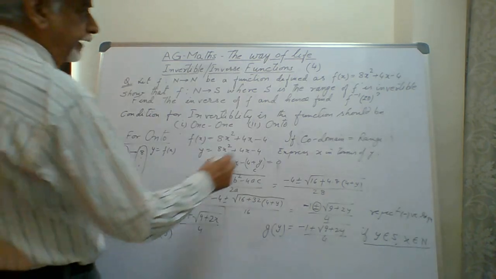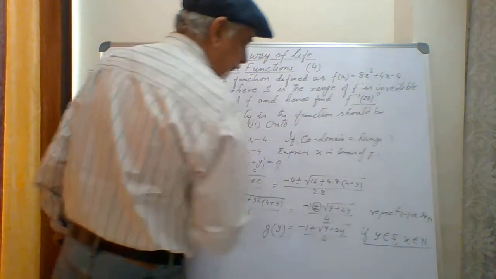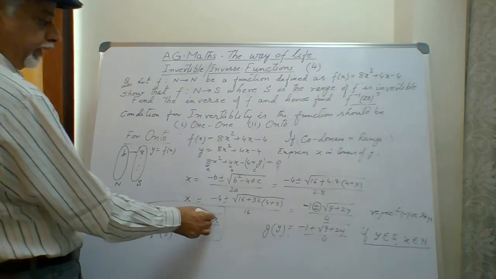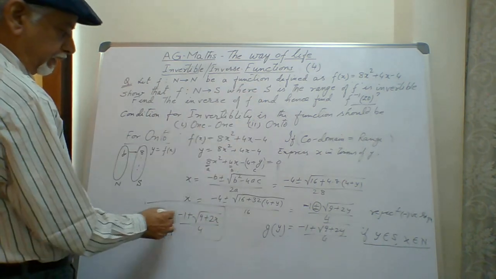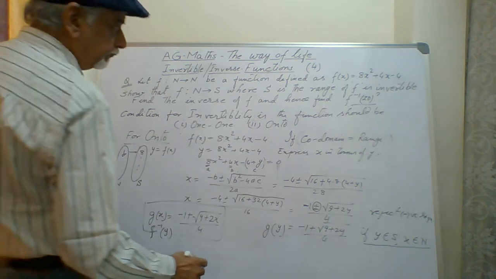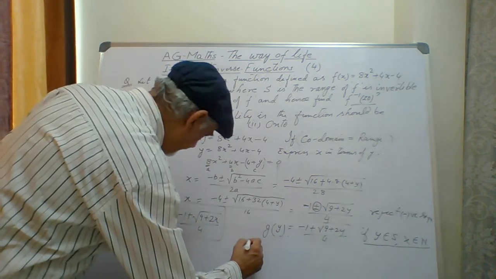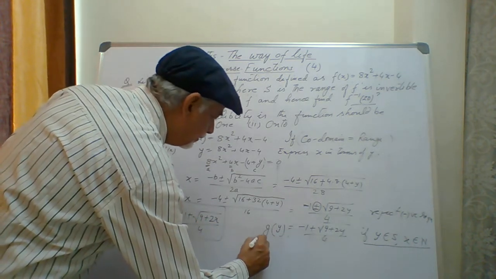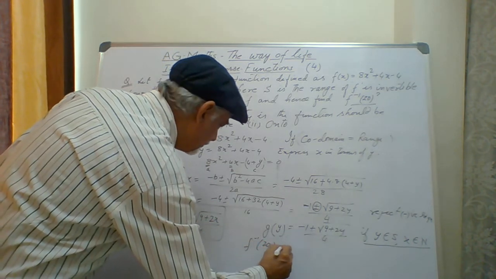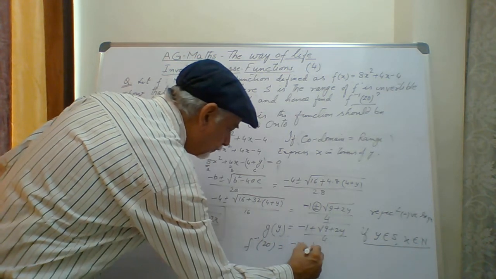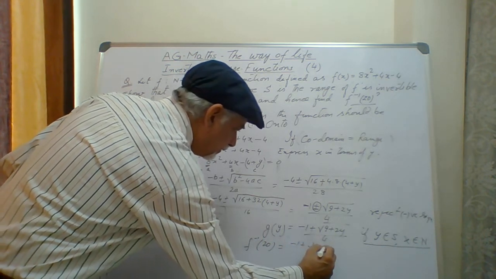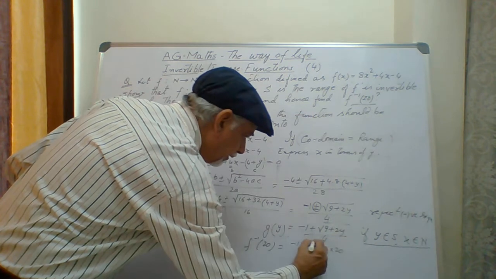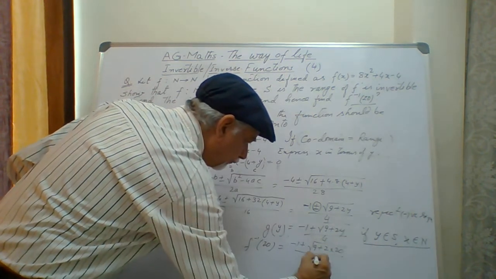Now if we have to find the value of f inverse of 20, simply put 20 here, because the x value is 20. Then what we get? f inverse of 20 is equal to minus 1 plus root over 9 plus 2 into 20, over 4.